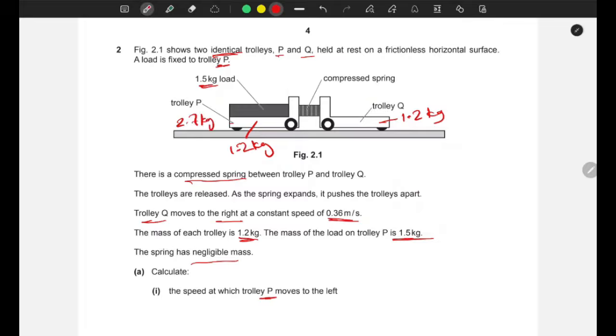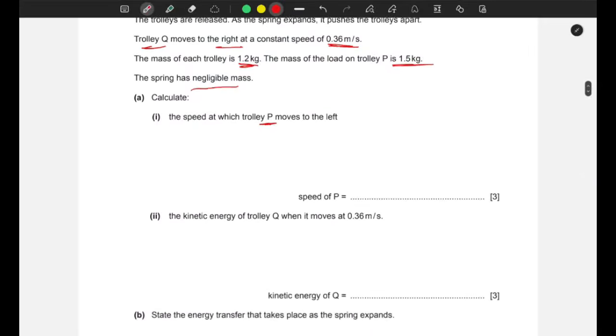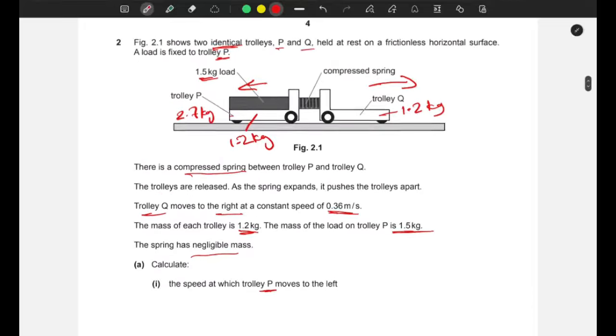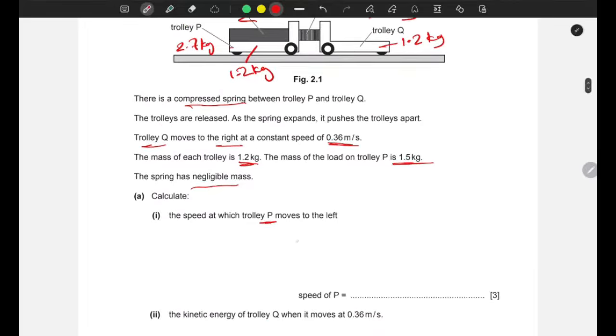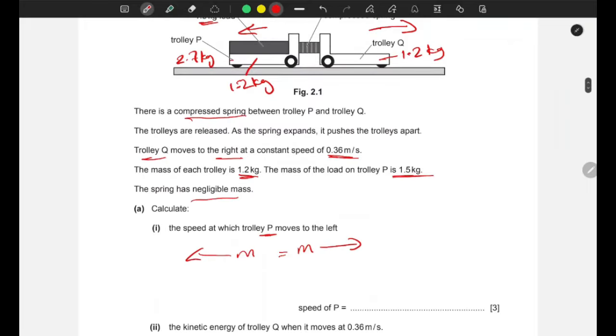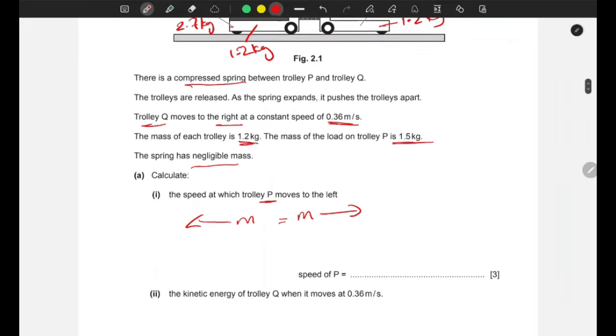So once the spring has decompressed, trolley Q moves that side and this moves the other side. So this question is about conservation of momentum. Okay, the momentum to the right is equal to the momentum to the left. So momentum is mass times velocity.